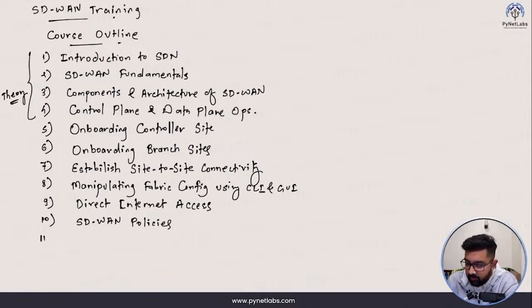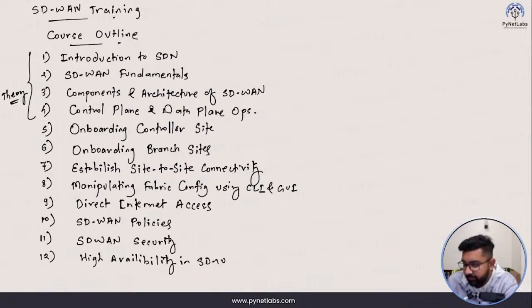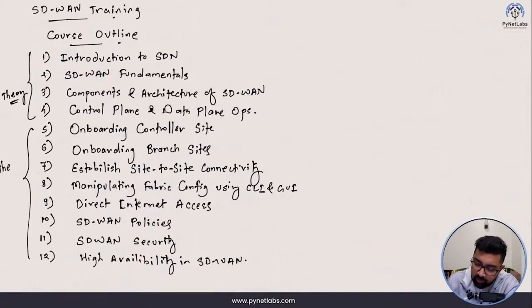And lastly, we will be speaking about SD-WAN security. Also, we'll be talking about high availability in SD-WAN. So the majority of these sections are going to be theory plus lab.